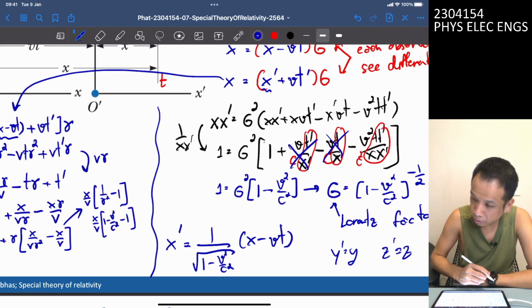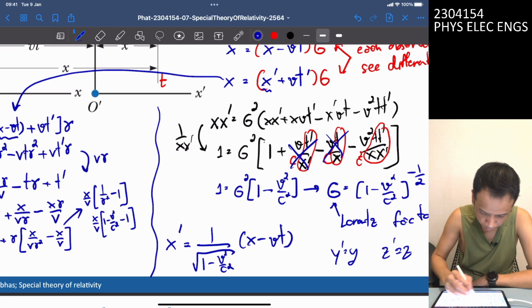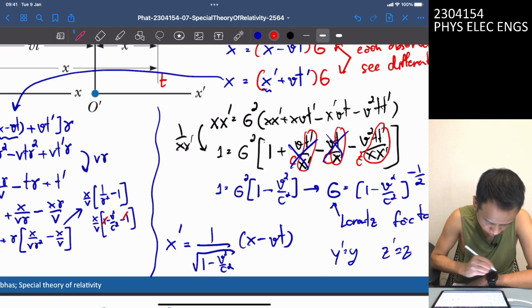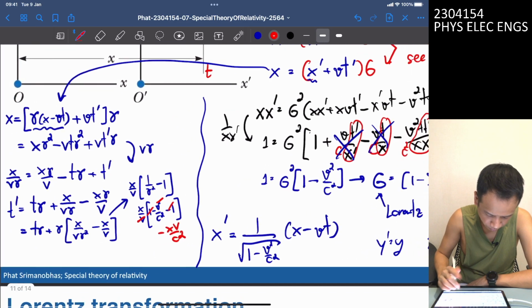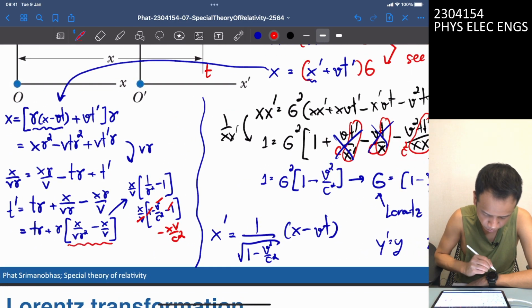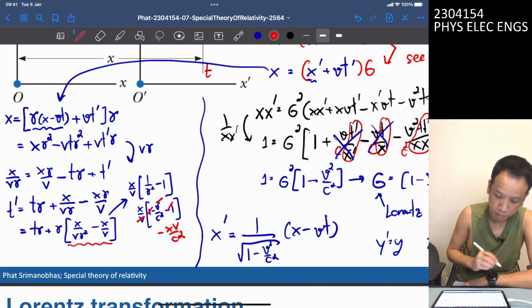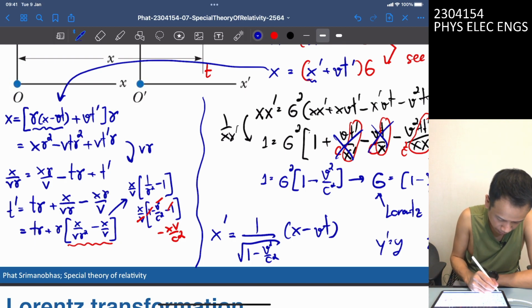Finally the 1s cancel, so you get minus xv over c squared. So this is the term xv over c squared. Then finally you get t prime equal to gamma (t minus xv over c squared).